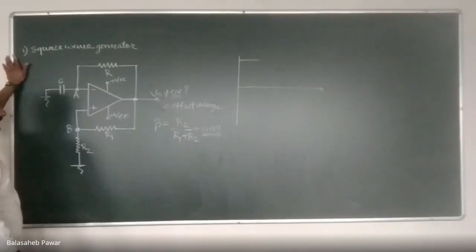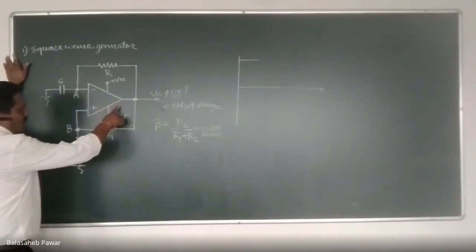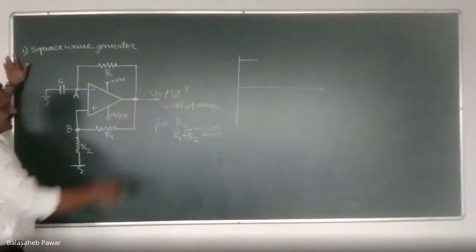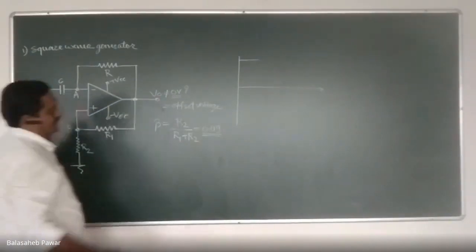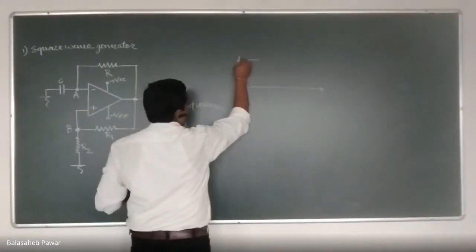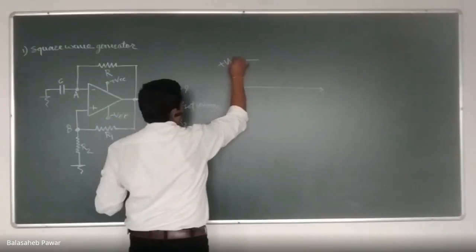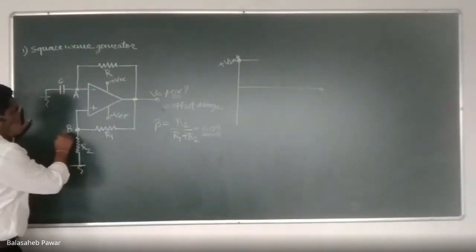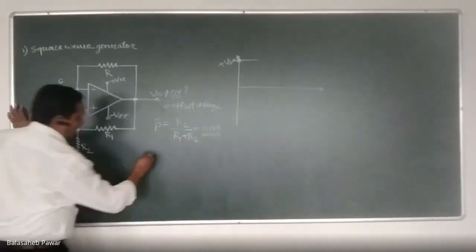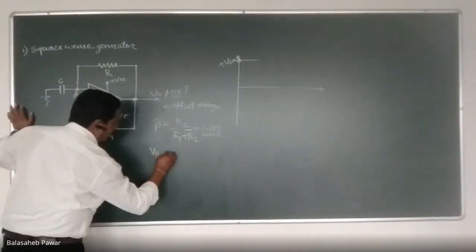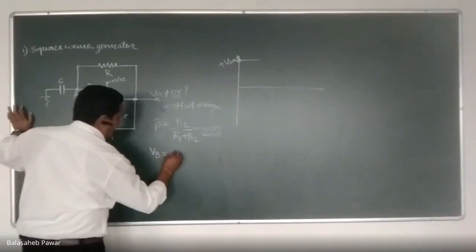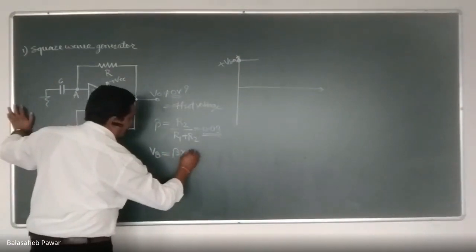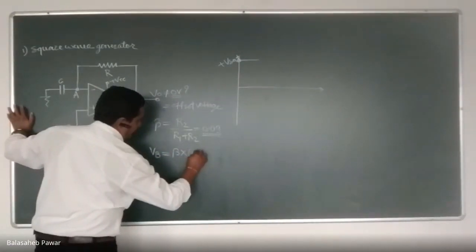Remember, if the output of the op-amp gets switched to plus Vsat at the start, this is our plus saturation. How much will be the voltage at node B? VB equals this feedback factor beta times plus Vsat.